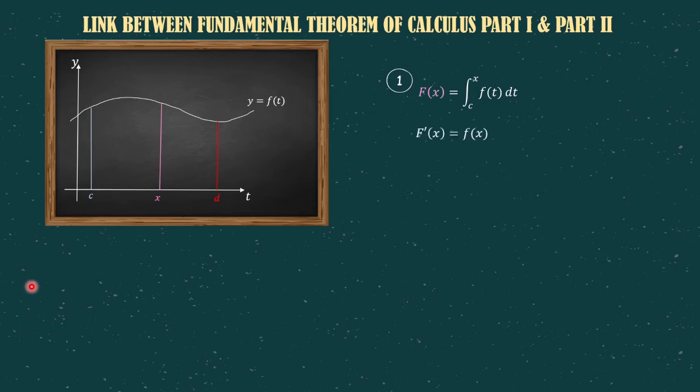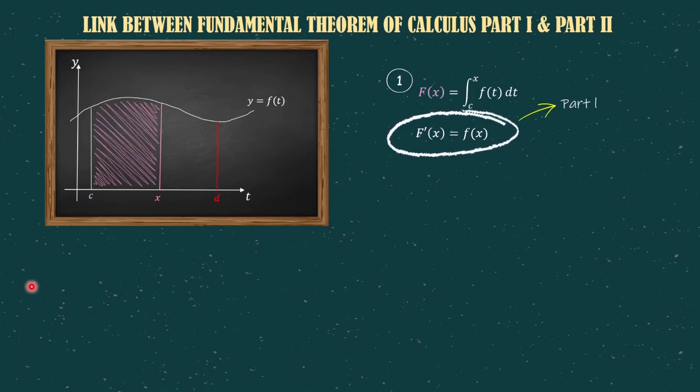So the first part of the fundamental theorem of calculus states that the derivative of uppercase F(x) is equal to lowercase f(x). So the shaded region here belongs to the uppercase F(x).